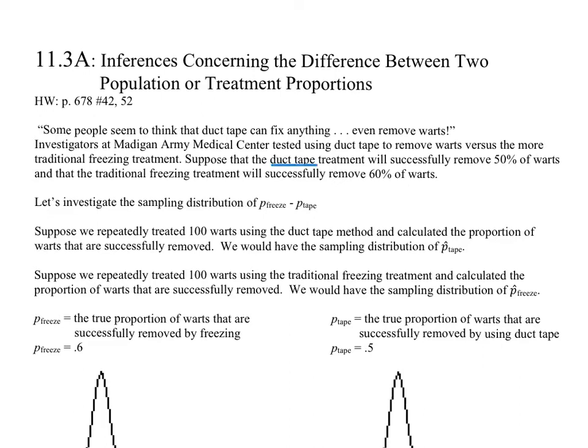Duct tape is said to remove 50%, while freezing removes 60%. So we are going to investigate the sampling distribution of the proportion for freeze minus the proportion for tape.